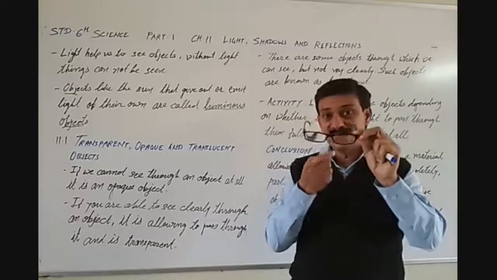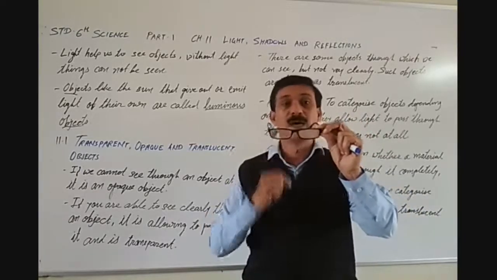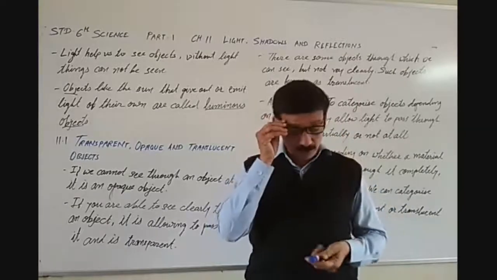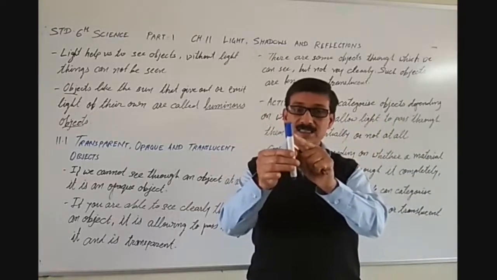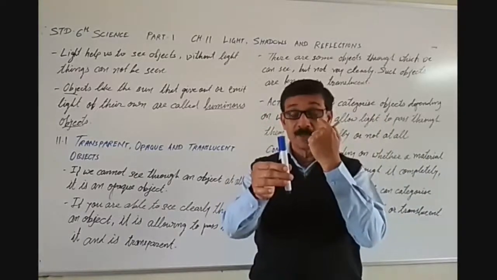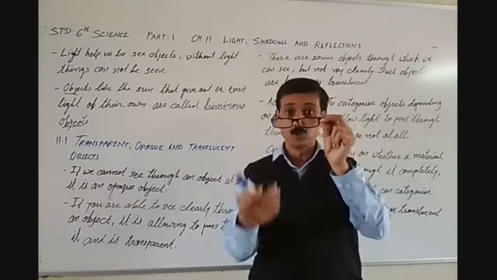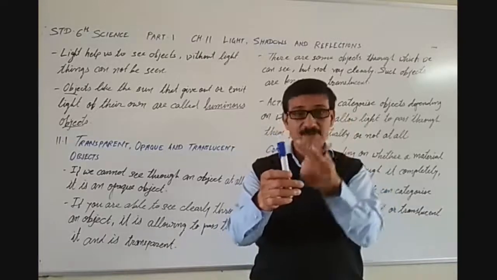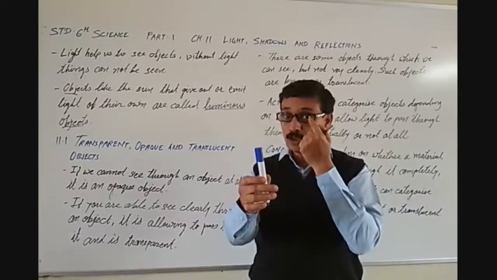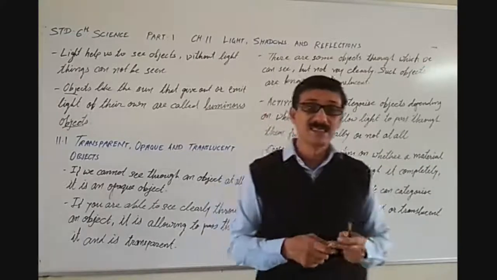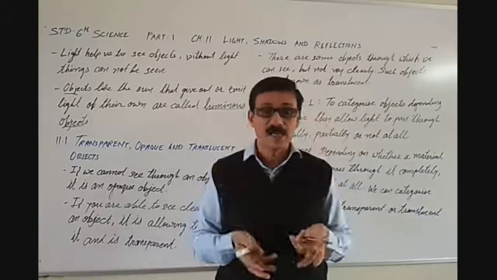Then this glass is allowing the light to pass through it, and that is why I can see. Suppose I am looking at this pen: light from a luminous object comes on it and reflects towards my eye. Because this glass allows light to pass through it, the reflected light comes to my eye through the glass. That is why glass is a transparent object.